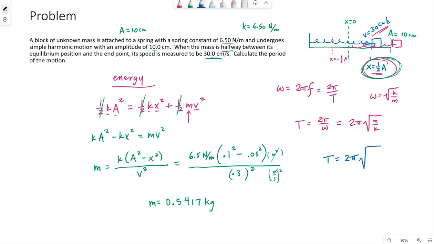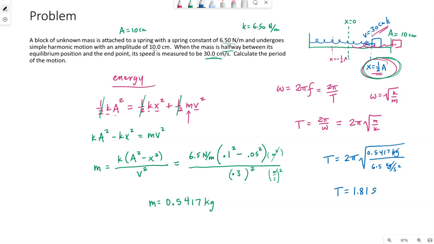So now to plug our values into the period. k, 6.5. If you recall, a newton per meter is also a kilogram per second squared. I'm going to write it that way so I can see my kilograms cancel. So plugging this in. Now is when I want to round to the 3 sig figs.